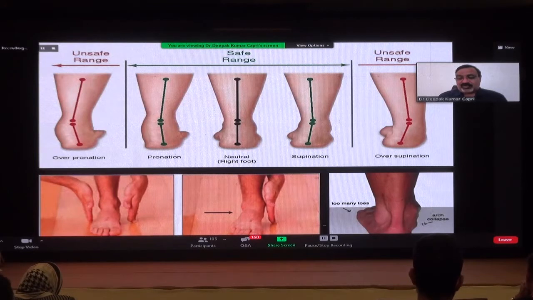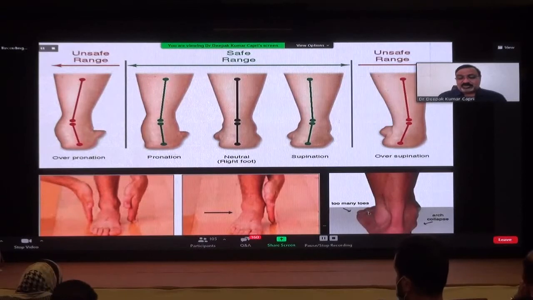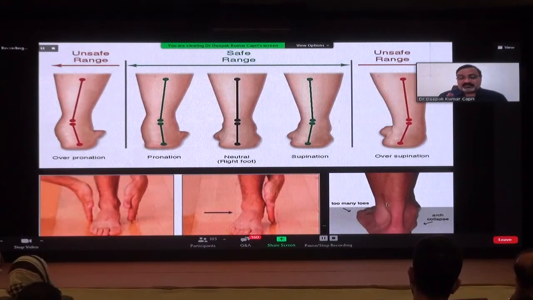In case of over-pronated foot, you will also see too many toes syndrome. Means instead of seeing one or two toes, you will be able to see three or more toes if you are looking from behind. At the same time, if you put your hand with equal distance here, you will see the medial malleolus touching your palm. However, in normal foot, it will be equal distance on both sides.